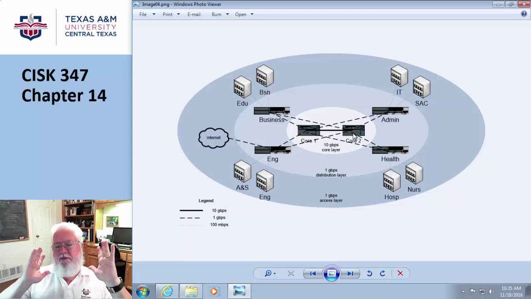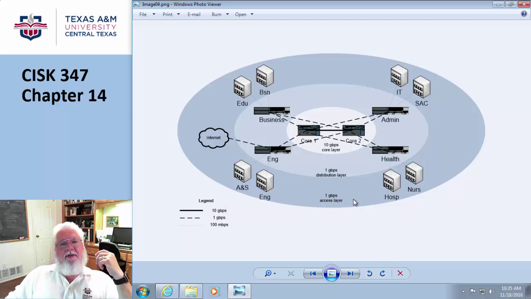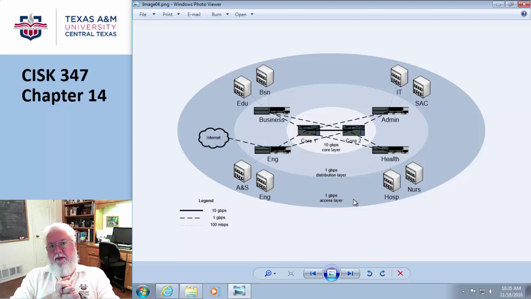And the core layer's sole responsibility is to reliably move traffic. Let's start on the outside. This is called the access layer. This is where all the devices, the PCs, the servers, the printers are installed, at this outside ring. So the access layer is typically where you're familiar; this is where you hook up your PC to the LAN.